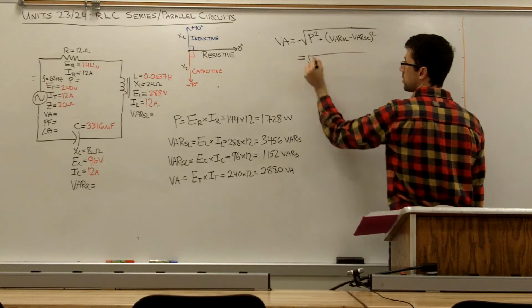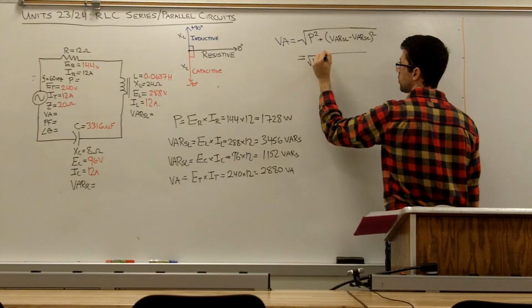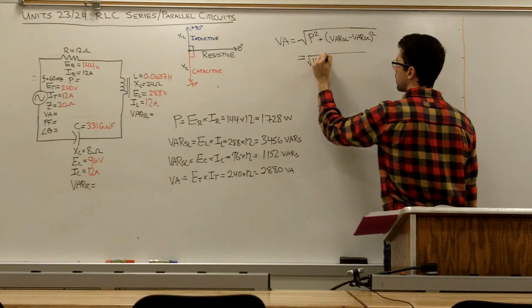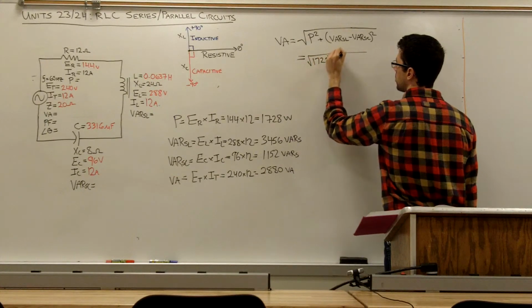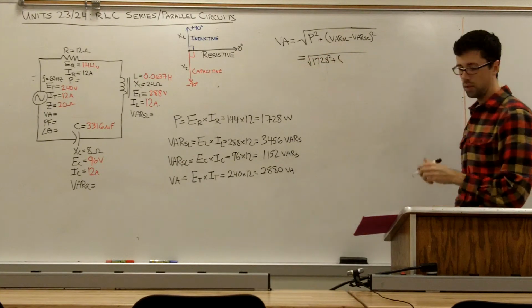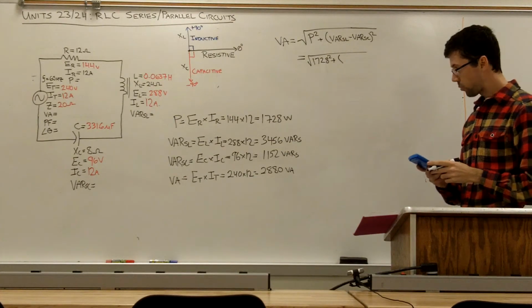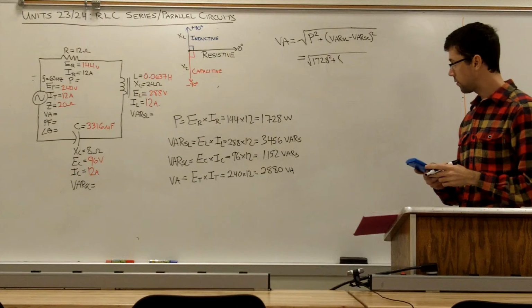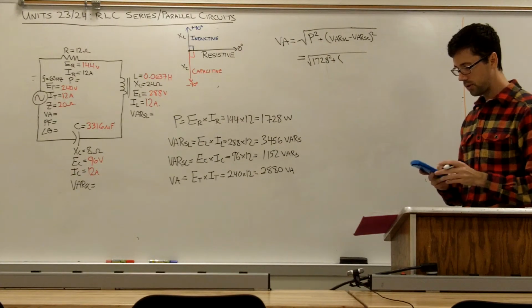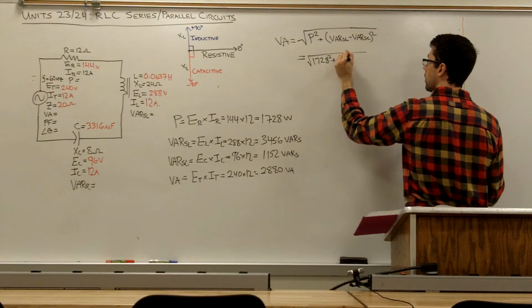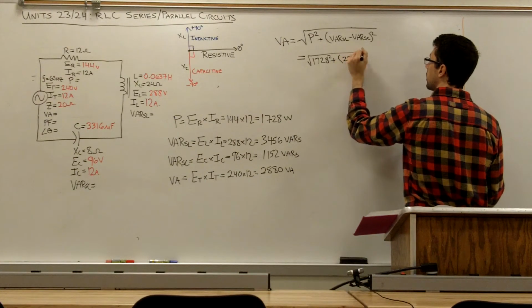So this is the square root of 1,728 squared plus the vector sum of the two reactive powers. So 3,456 vars minus 1,152 vars gives me a total reactive power of 2,304.